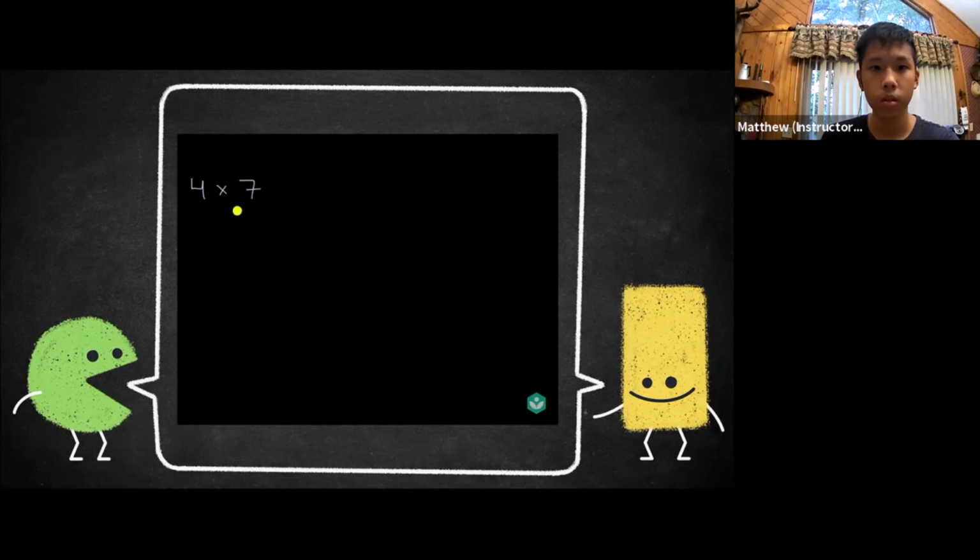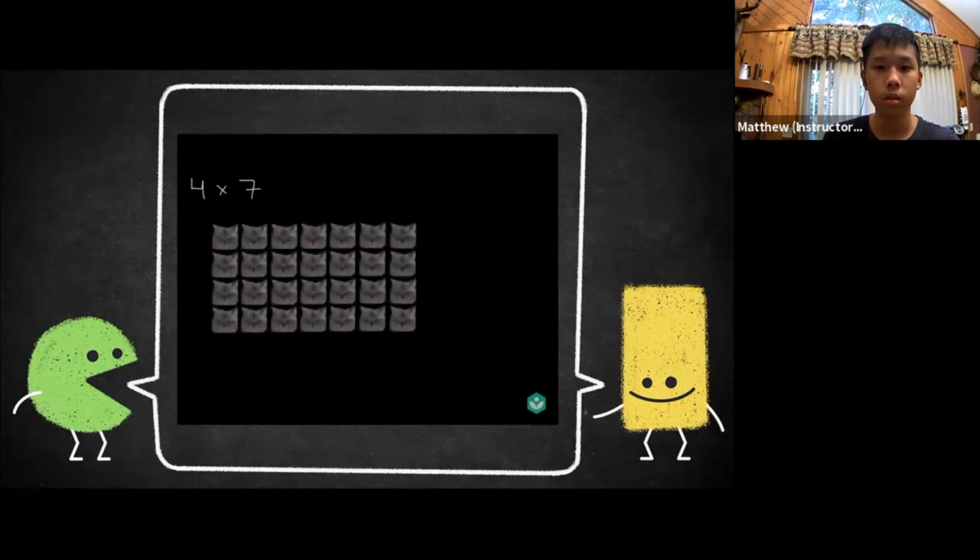Now, there's a couple of ways that we can visualize 4 times 7. My favorite way is to visualize it with angry cats. So let's bring on the angry cats. Yep, they're still angry. This is a representation of 4 times 7.